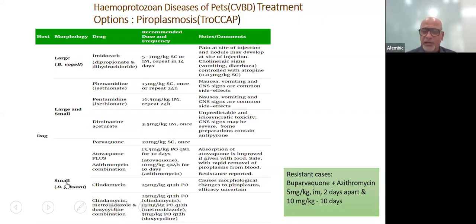ProCap has not given the exact schedule, and I'm very surprised to see that. But what we used to do is give it for 10 days, like the azithromycin and atovaquone combination. In case of resistance, you can also try a buparvaquone and azithromycin combination.